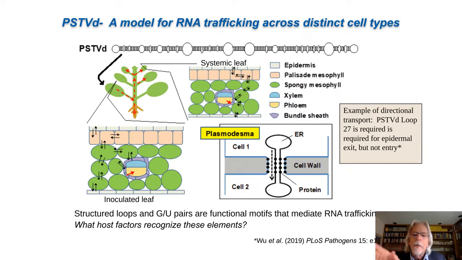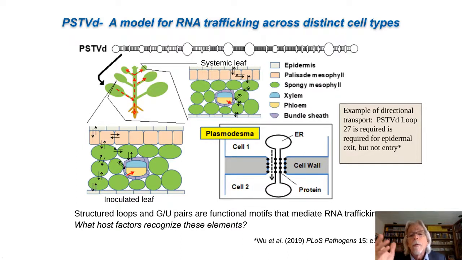Surprisingly, if we put the mutant viroid on the other side of the barrier, for example, by inoculating it into the phloem, we find that it's perfectly capable of moving between all other cell types and even invading the epidermis in systemically infected leaves. So it's essentially a one-way ticket, required for epidermal exit, but not entry.